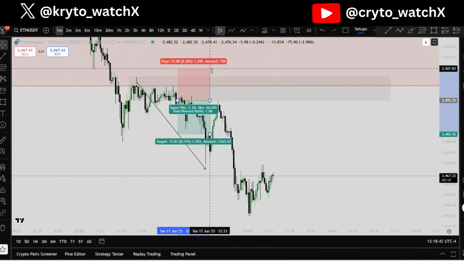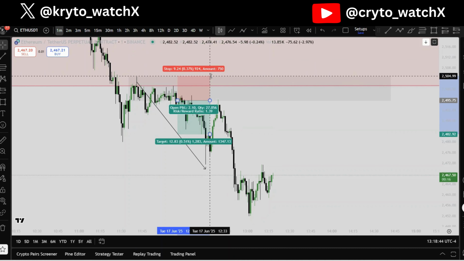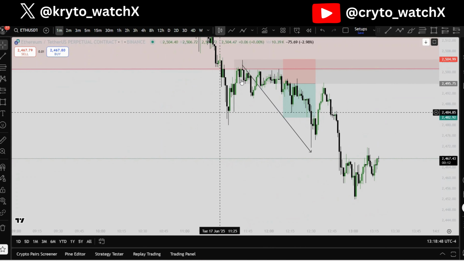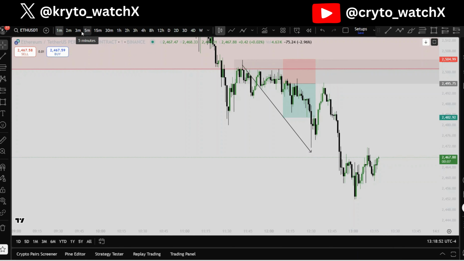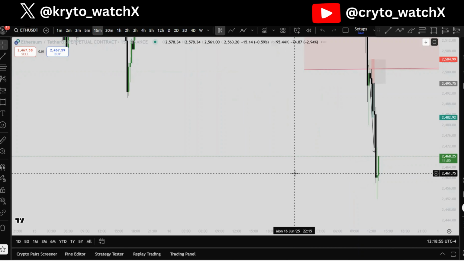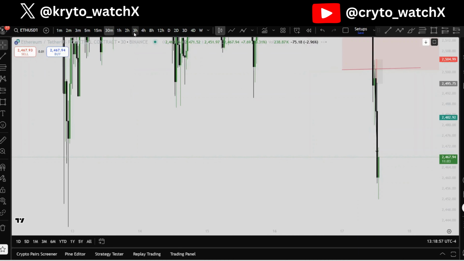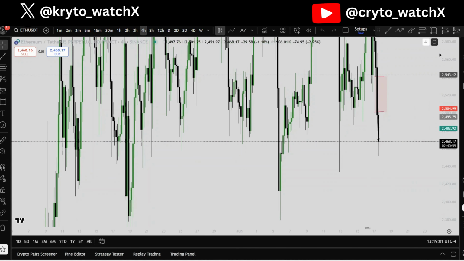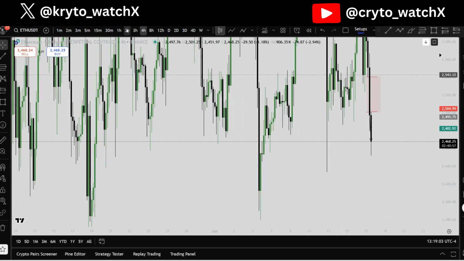We're going to put our stop loss right above the bearish order block, and then we're going to go to a 15-minute, 30-minute or 4-hour chart to spot the exit.